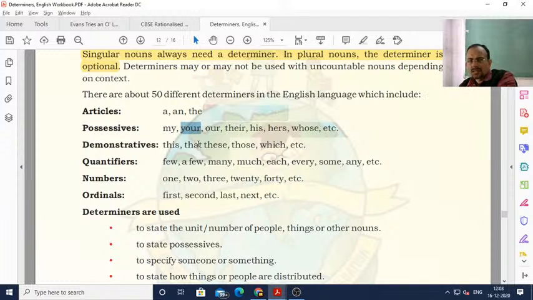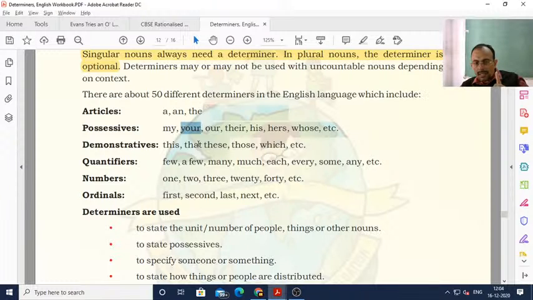You can say this car is yours, but if you want to use your, the determiner, then you have to use the noun car, like this is your car, this is my car. Okay, understood? Likewise, determiners are normally used before nouns.